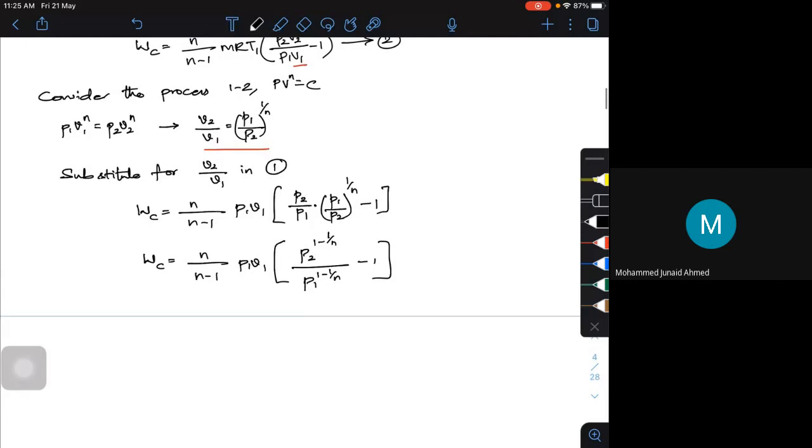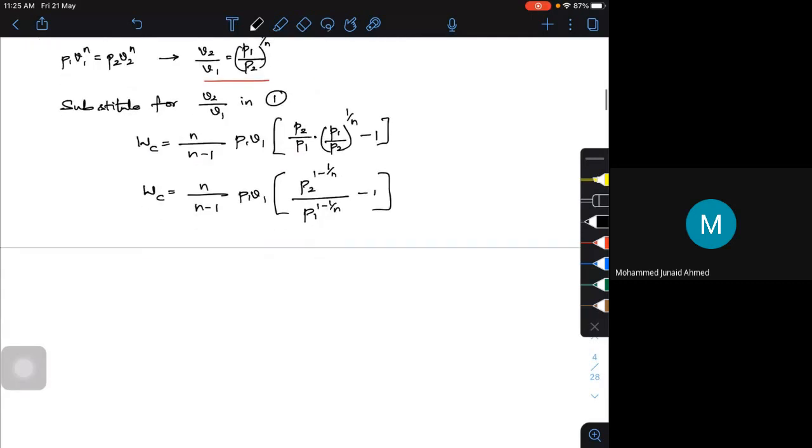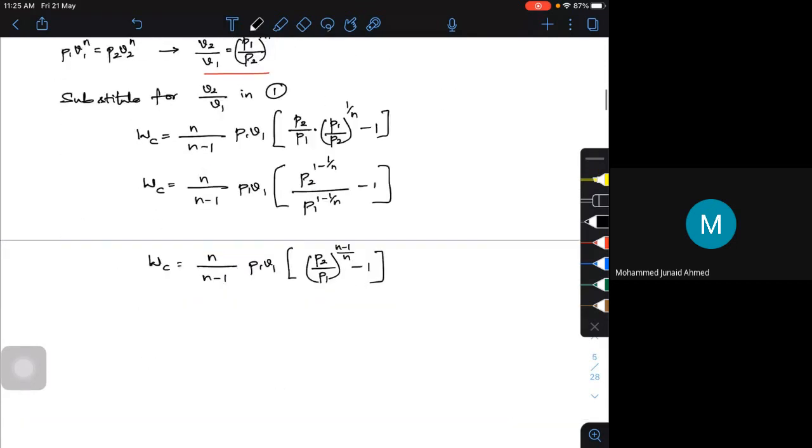So the work of compression WC is equal to n by n minus 1 into P1 V1 into P2 by P1 whole to the power of n minus 1 by n, minus 1. This I am calling equation number 3.